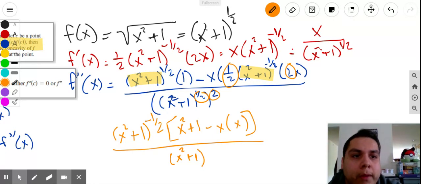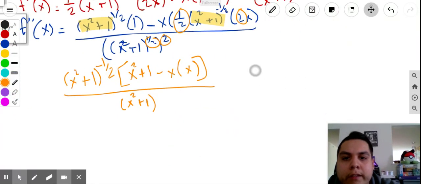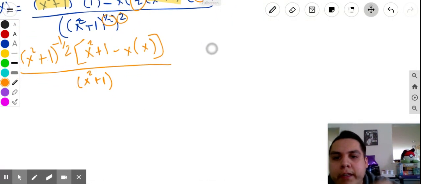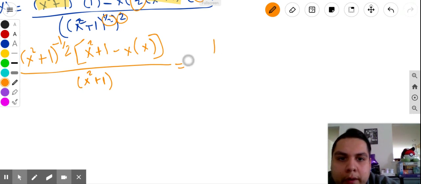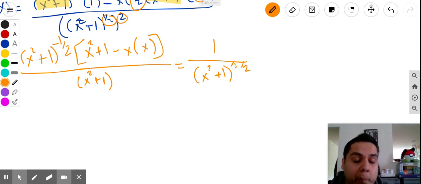And then taking that and simplifying it, oh boy, we end up with x squared minus x squared, so we end up with 1 over x squared plus 1 to the 3/2.